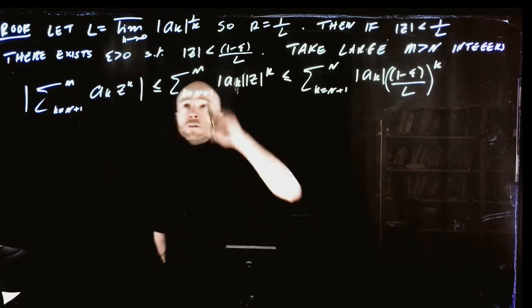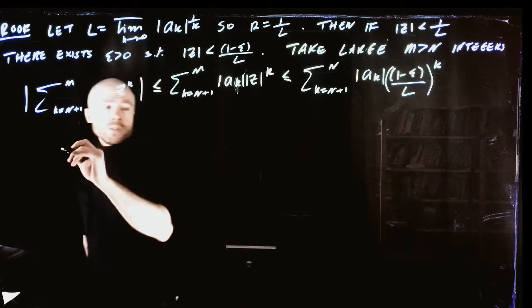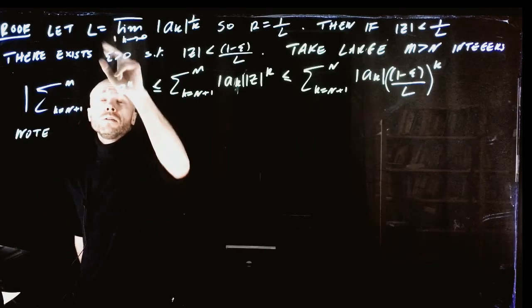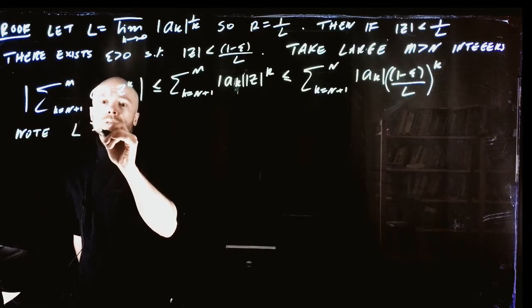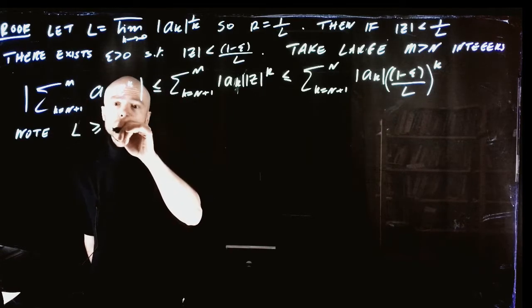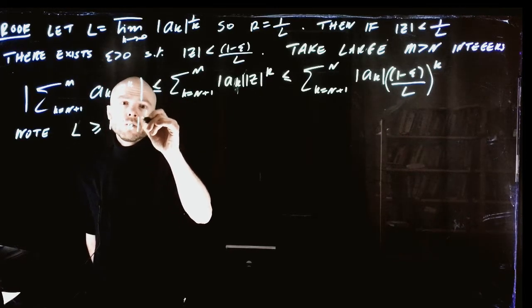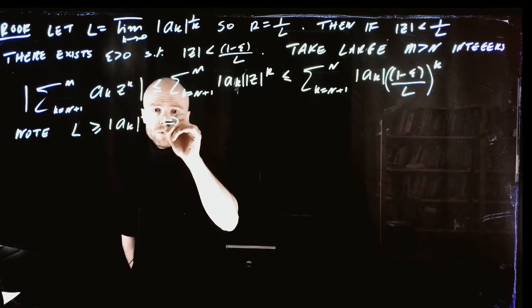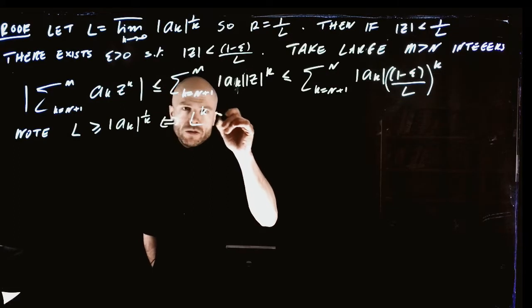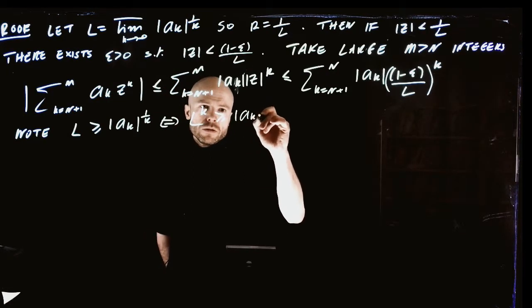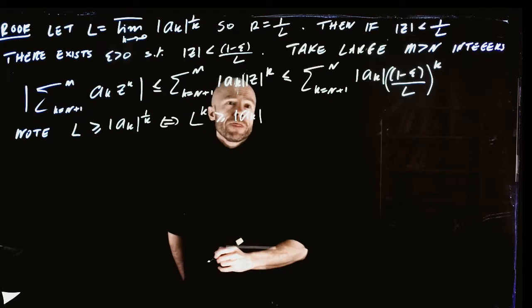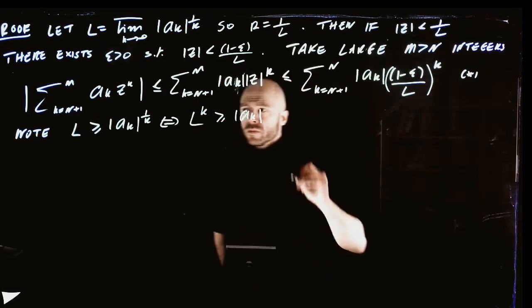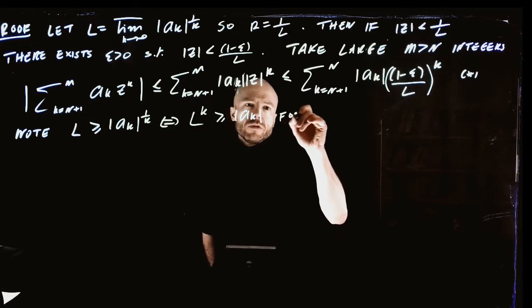Cool. And then from this definition, note we know that L is always bigger than or equal to the kth root of mod a_k, because that's the lim sup of this thing, right? So we can take the kth powers on both sides, for all k.